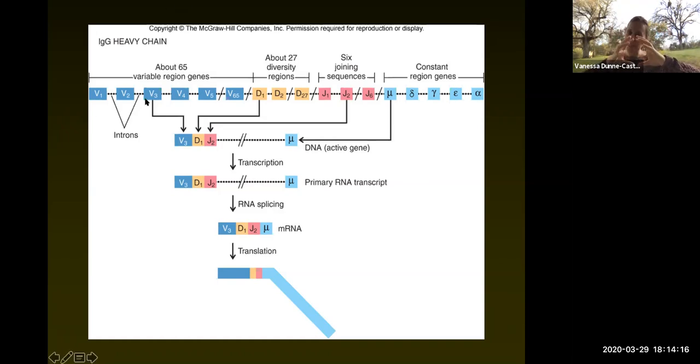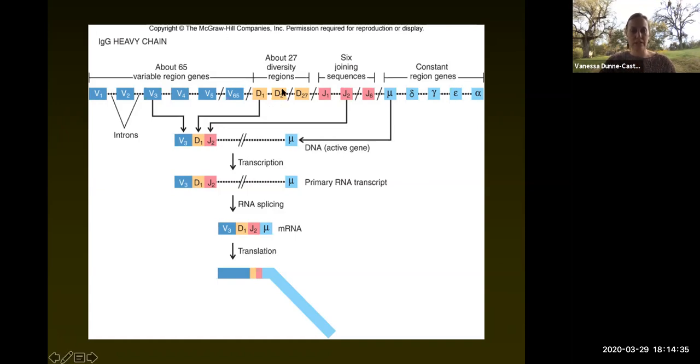And for every B cell that's made, that B cell will pick one variable region gene as the starting part of that receptor, that protein.